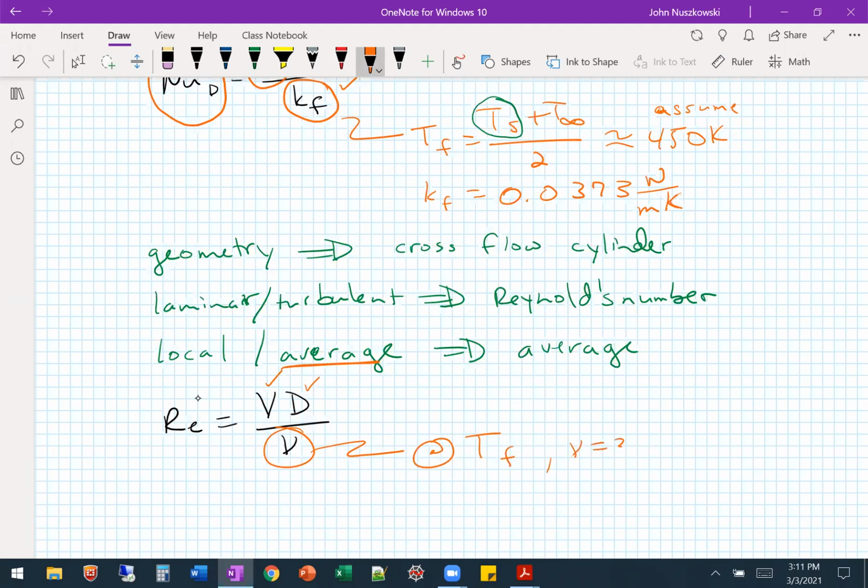We get 32.39 times 10 to the negative 6 meters squared per second. All right, so then we have that. Our Reynolds number is 2964. Then, is that laminar or turbulent? Would it be laminar? Yeah. Okay, so we have laminar.